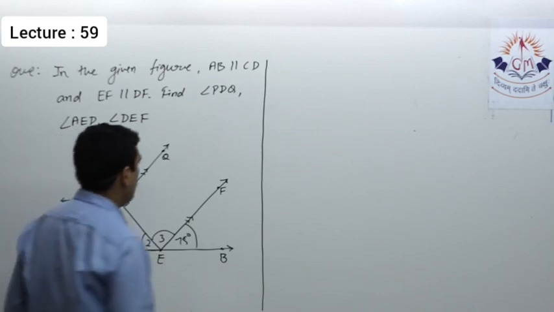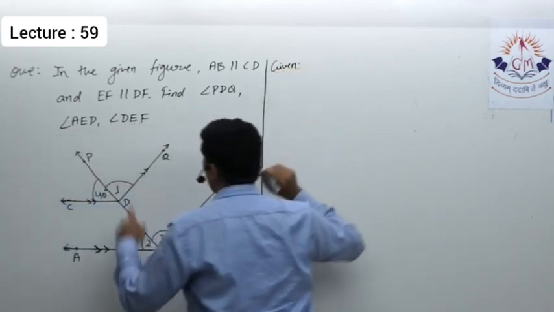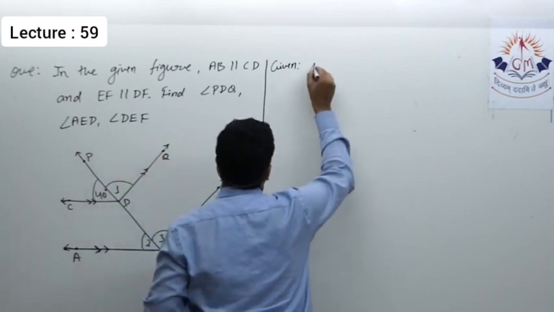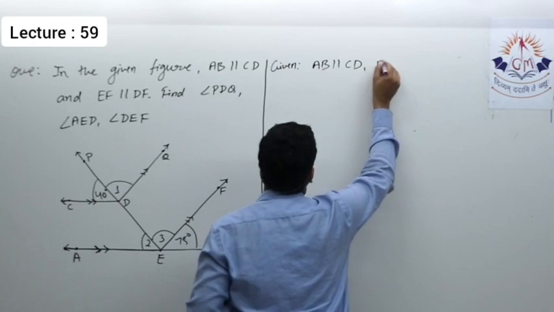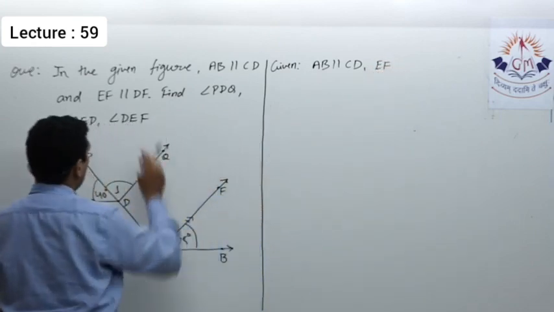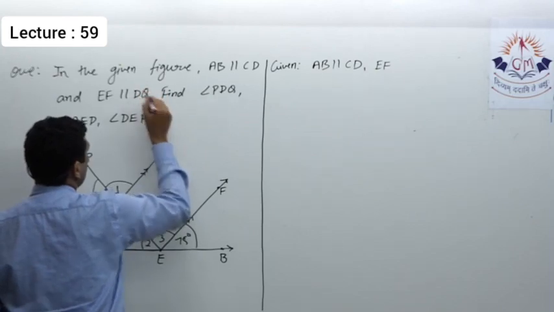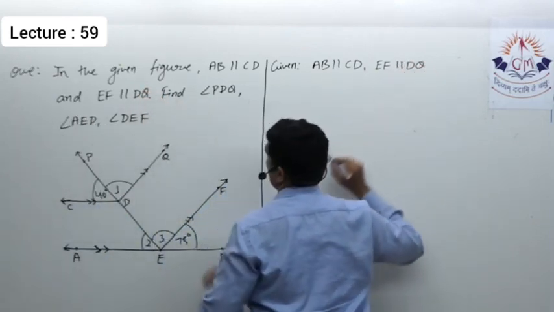So first of all, write what we have given. We have given AB parallel CD, EF parallel DQ, that is given.